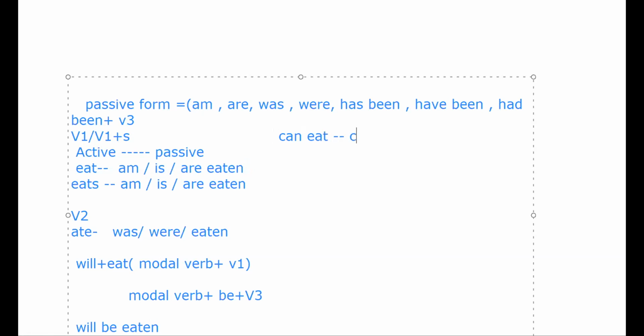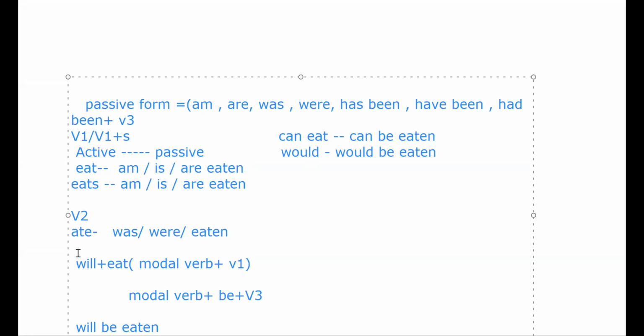It becomes can be eaten. Can be eaten. Now what about would eat? Would be eaten. So that's the way I change.